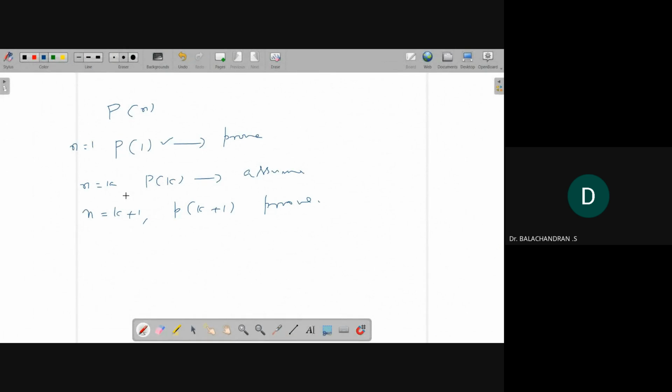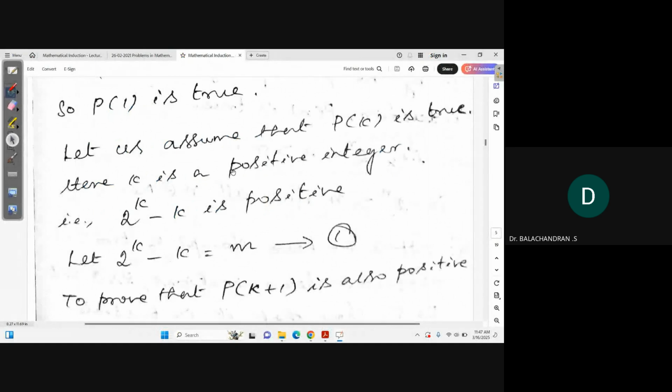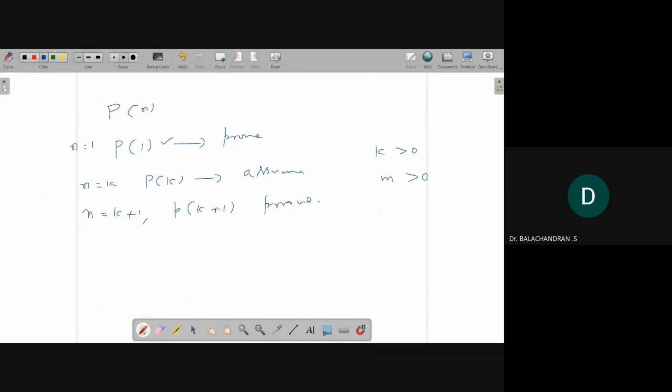Both are positive, because it is told k is a positive integer. Why is m positive? Because 2 power k minus k is greater than 0, and we are taking 2 power k minus k equal to m. That's why m is also greater than 0.